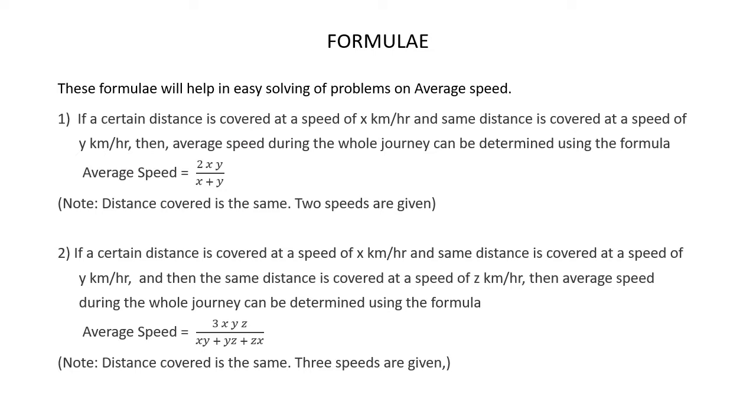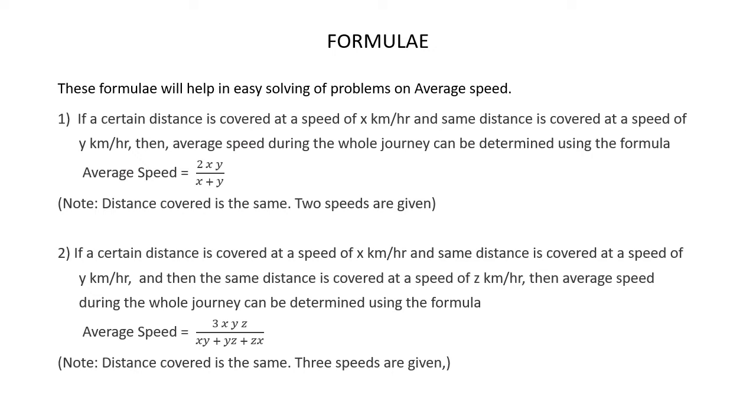The second formula. If a certain distance is covered at a speed of x kilometers per hour and the same distance is covered at a speed of y kilometers per hour and then the same distance is covered at a speed of z kilometers per hour, then the average speed during the whole journey can be determined using the formula average speed is equal to 3xyz divided by xy plus yz plus zx.